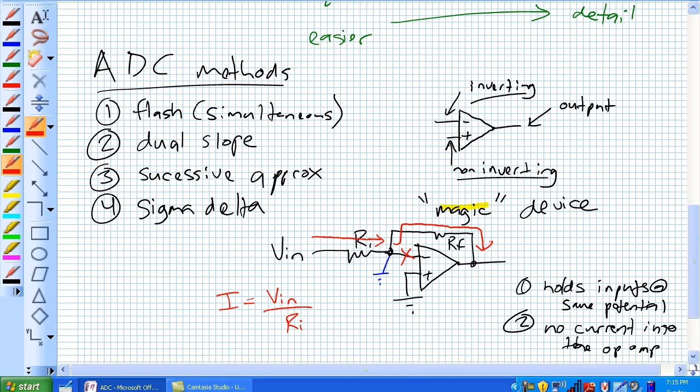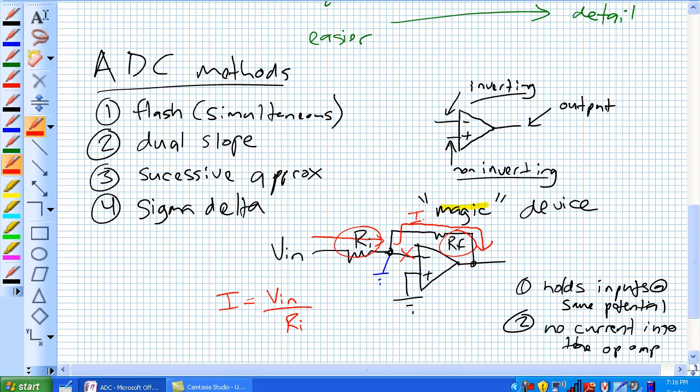So now, what's the difference between the current flowing in Ri and RF? Well, according to Kirchhoff's current law, there's no current leaving this node going into the op amp. So that means that same current is going through RF.